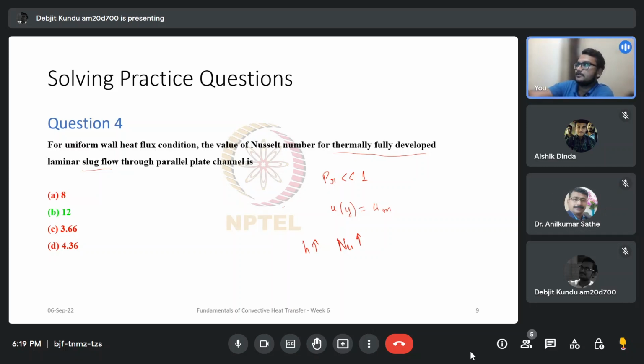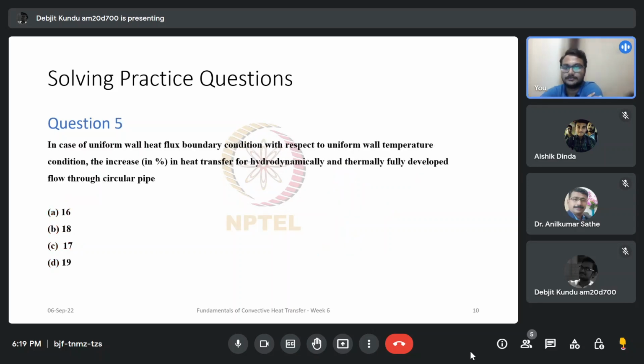So moving on, question number 5. Question number 5 says, in case of uniform wall heat flux boundary condition, with respect to uniform wall temperature condition, the increase in heat transfer for hydrodynamically and thermally fully developed flow through a circular pipe is how much? So there are two conditions.